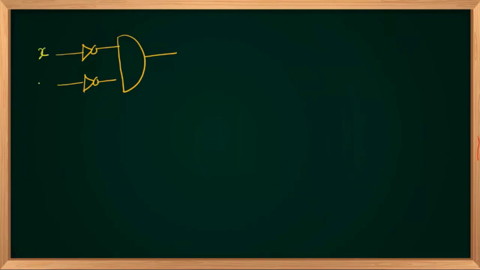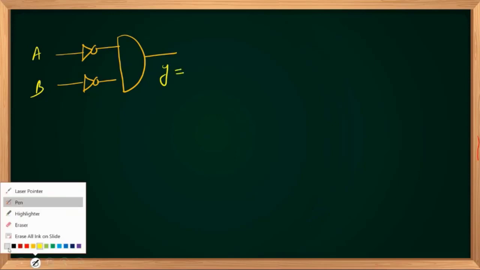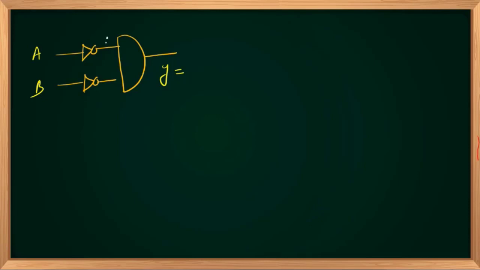Let us say A and B are the inputs. Output and input of a NOT gate are complements of each other. A is applied here, so A bar will be the output. B is applied here, so B bar will be this.